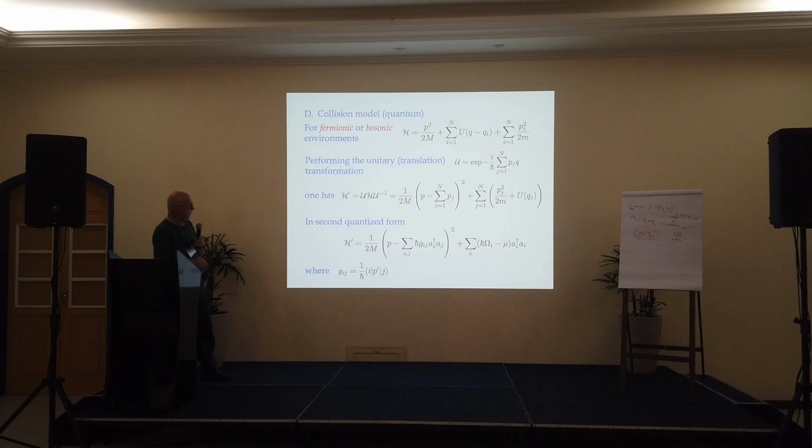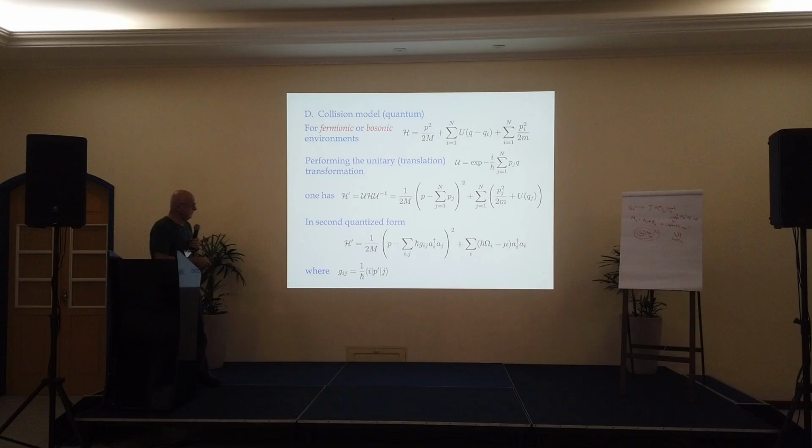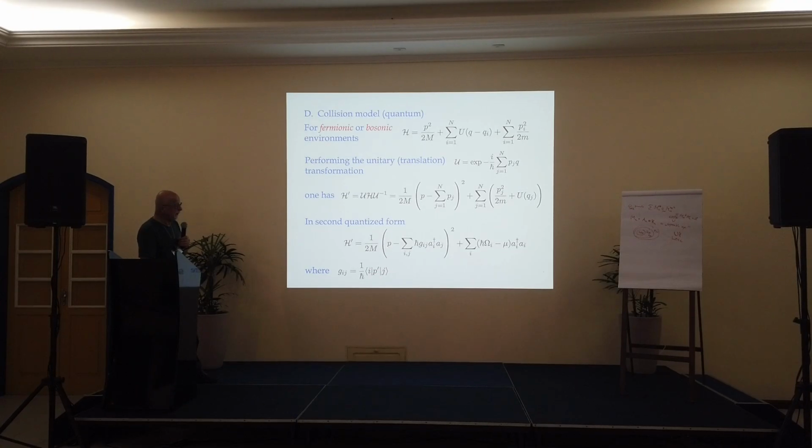We can write that in a second quantized way, either for fermionic or bosonic particles. So I have a set of non-interacting fermions or bosons as my environment. And that's the sort of Hamiltonian that we have. And this J, the coupling, is given by the sort of matrix element of the total momentum of the environment.